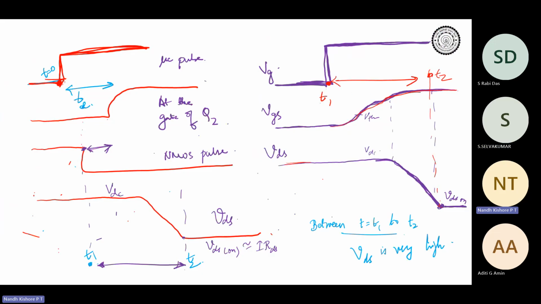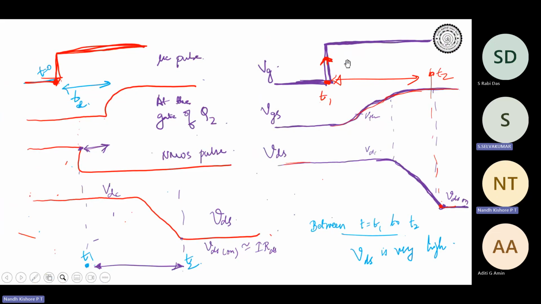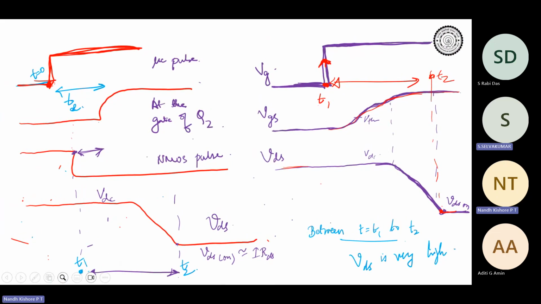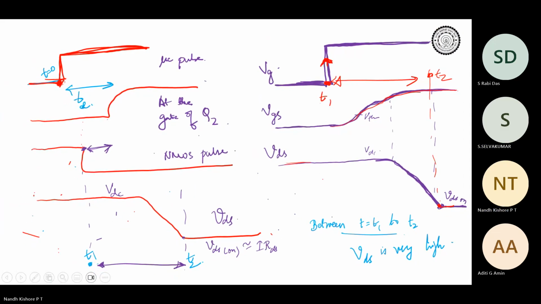If you discount all the propagation delay, still, inherently, due to the device characteristics, there is a time interval between the point at which you give the gate pulse and the point at which your VDS actually falls to a very low value. This T1 to T2 period is called blanking time.